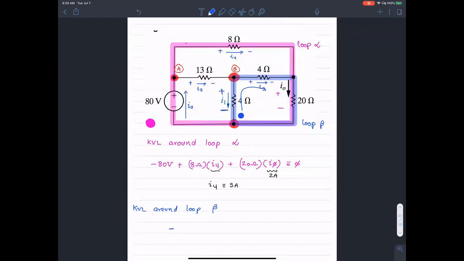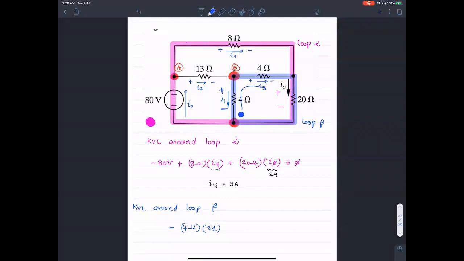So negative 4 ohms times I1 is the voltage dropped across that 4 ohm resistance, followed by I3 times 4 ohms, positive sign, plus I naught times 20 ohms equals 0. So I'm following the path to the starting point. Does that make sense? I naught is given to be 2 amperes.